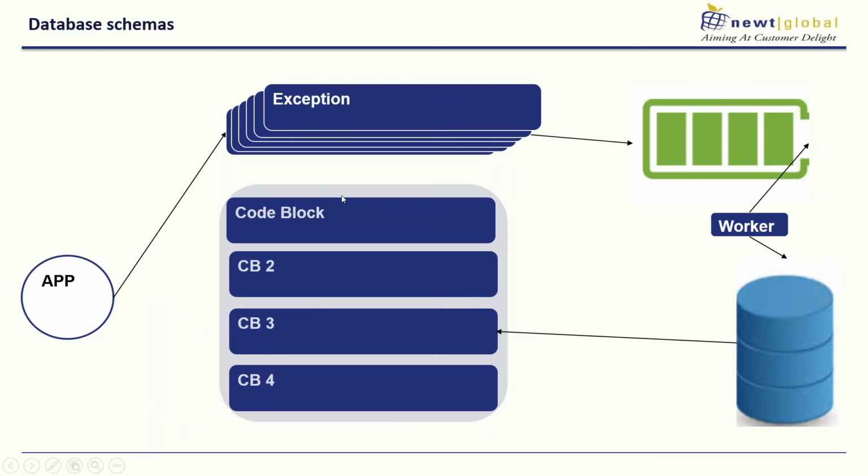So typically this is how it works: there's an app, and there's a UI that the load is coming in from, and all the requests are now being written to the queue. There is a sequential worker that reads the queue in a sequential manner, processes the data, and writes it to a particular database.